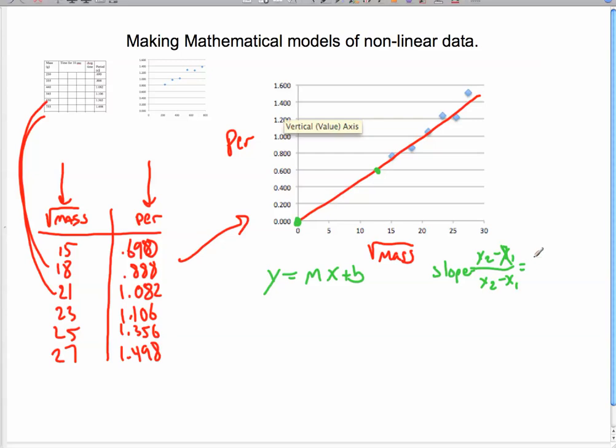All right, so this is going to be about 0.6 minus 0 divided by about 13 minus 0. And we'll go ahead and use our calculator to figure that out. All right, so that's 0.046. And in the next segment, we'll go ahead and work with that.